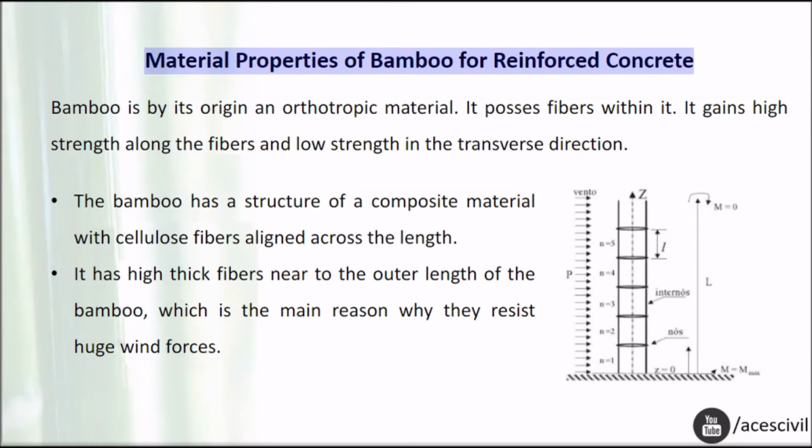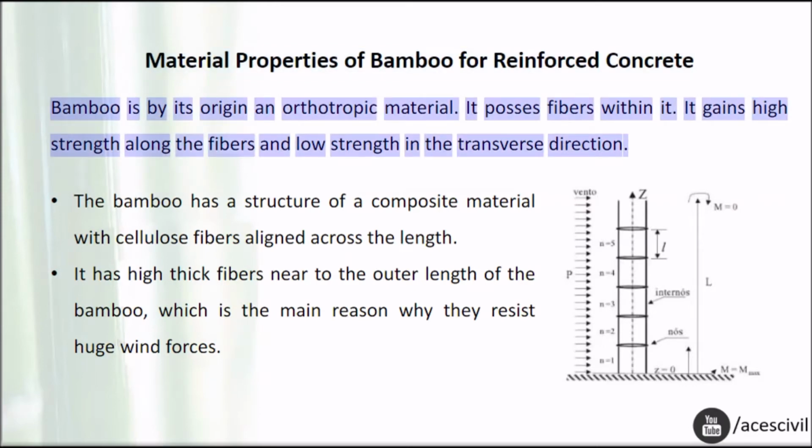Material properties of bamboo for reinforced concrete. Bamboo is by its origin an orthotropic material. It possesses fibers within it. It gains high strength along the fibers and low strength in the transverse direction.